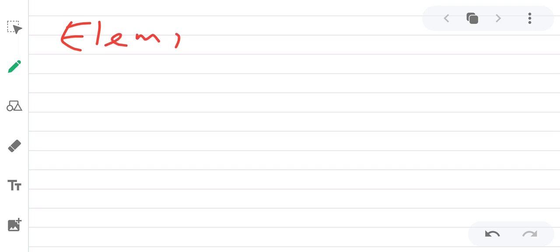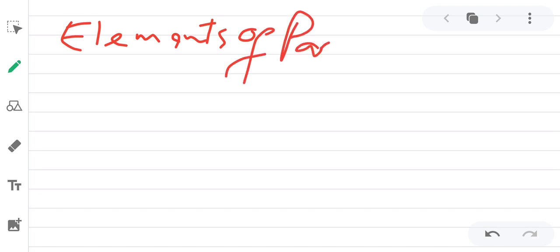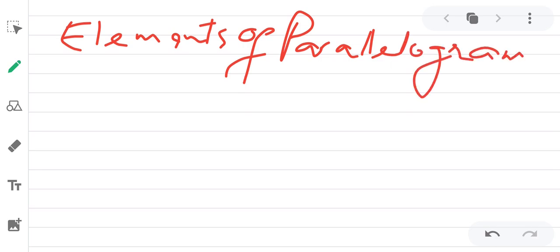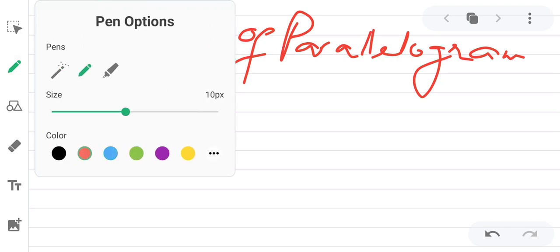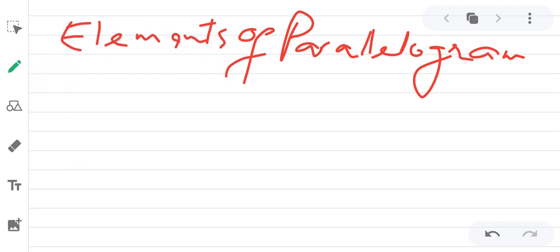Elements of parallelogram. Okay, what is this all about? Elements of parallelogram. Suppose this is a parallelogram.